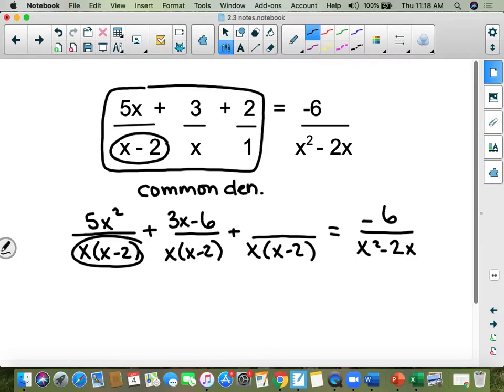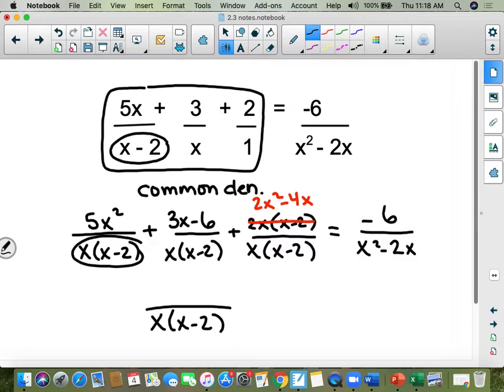And the last one's missing it all, so I have to multiply 2x times x minus 2, which ends up being 2x squared minus 4x goes there. I'm going to put it under 1 x times x minus 2 because that was the point of that. The point was to get a common denominator, which was x times x minus 2.